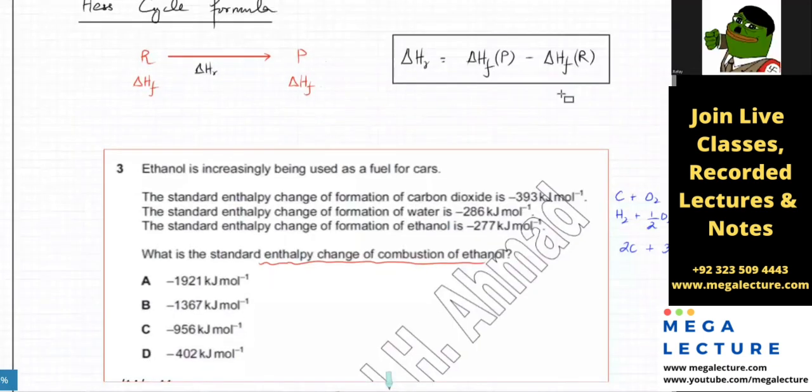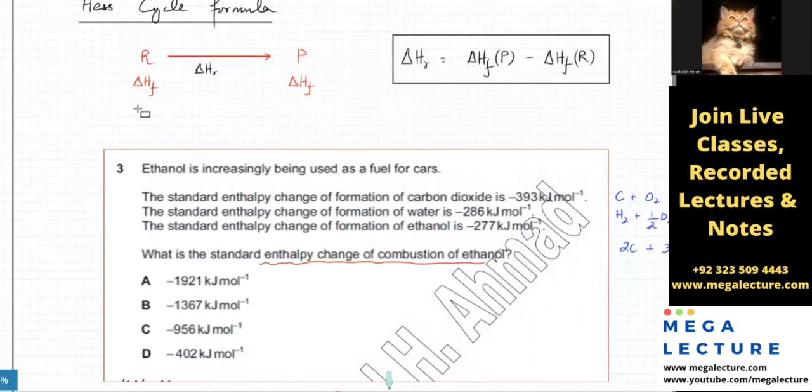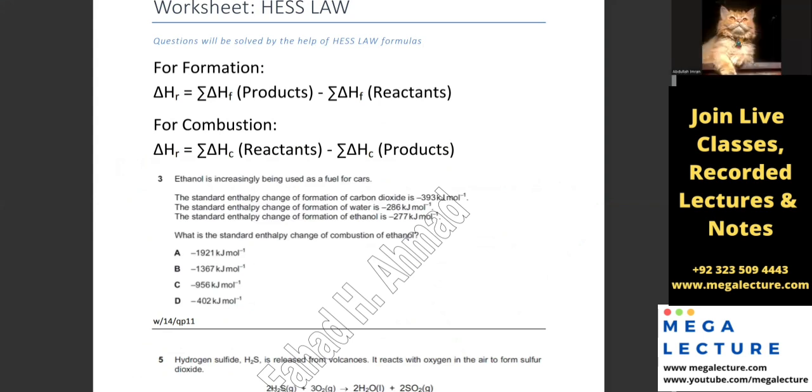Yes, sir. Sir, can you show the example where the formula is not applicable? The formula is only applicable if you know the enthalpy of formation of products and the enthalpy of formation of the reactants. Most of the questions we did earlier were ones where we did the drawing Hess cycle, right?